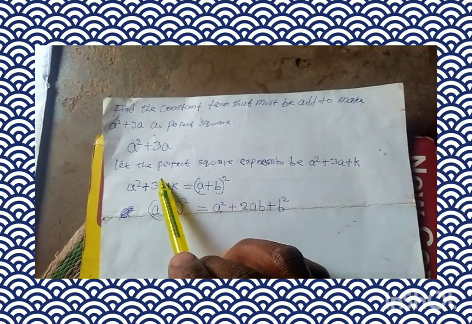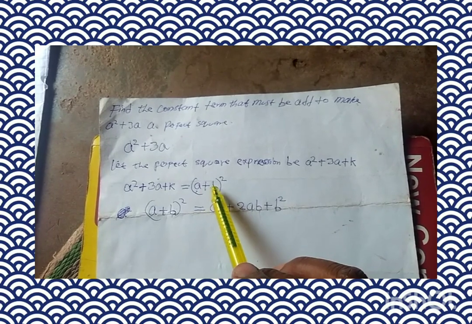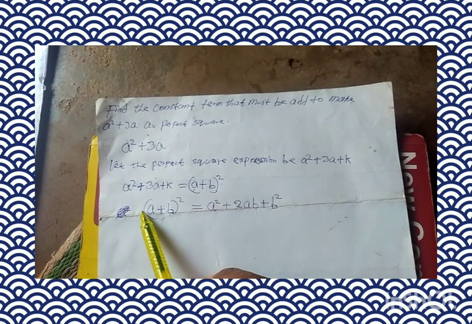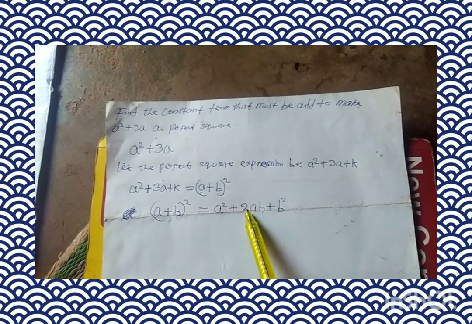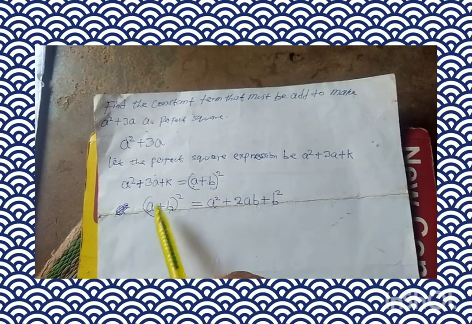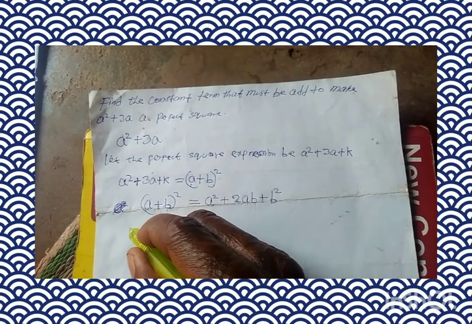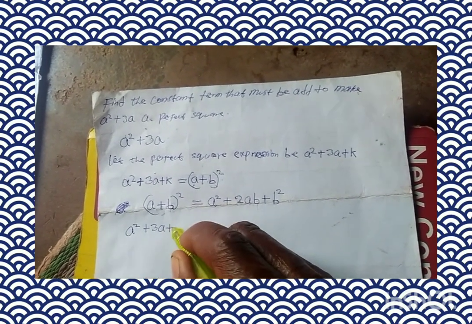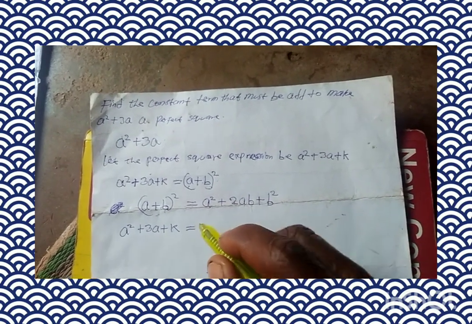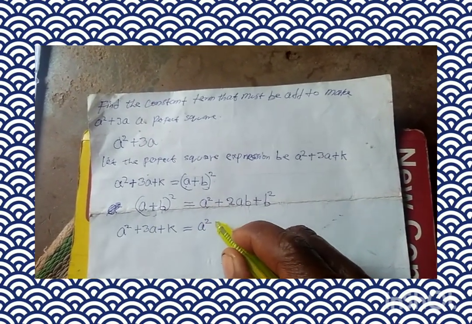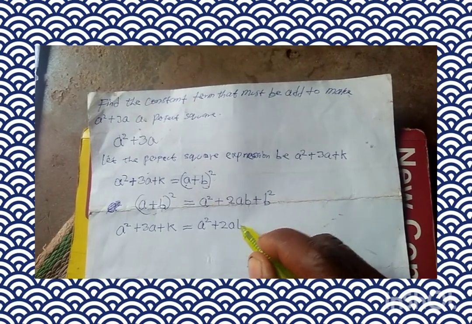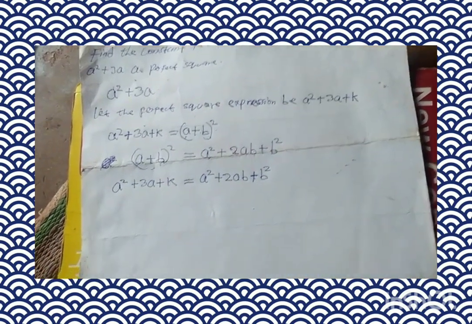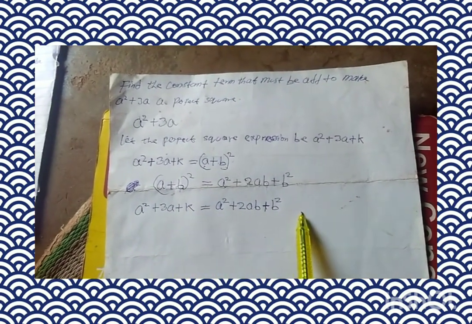When I say expand, I mean you multiply the expression by itself. So we have it that a squared plus 3a plus k is equal to a squared plus 2ab plus b squared.